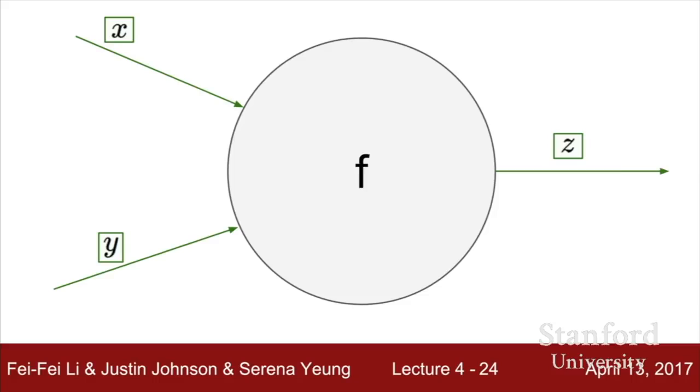Okay, so what we're doing in backprop is we have all of these nodes in our computational graph, but each node is only aware of its immediate surroundings. At each node, we have the local inputs that are connected to this node, the values flowing into the node, and then we also have the output that is directly outputted from this node. So here, our local inputs are x and y, and the output is z.